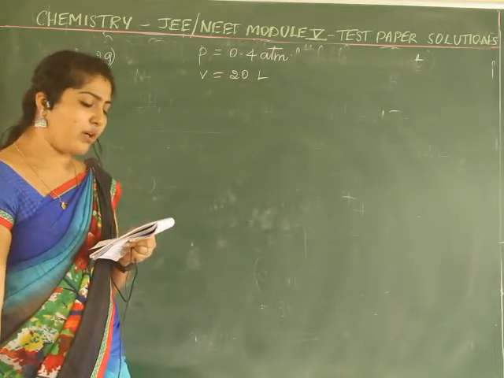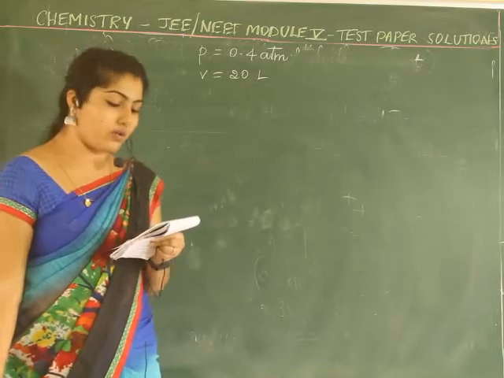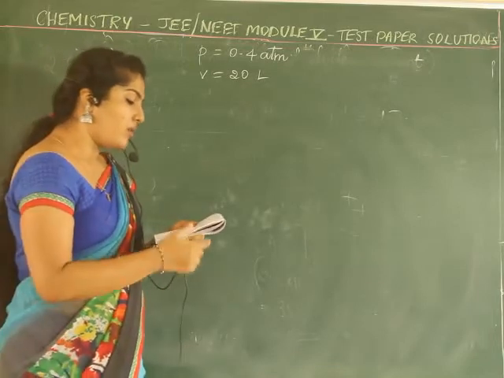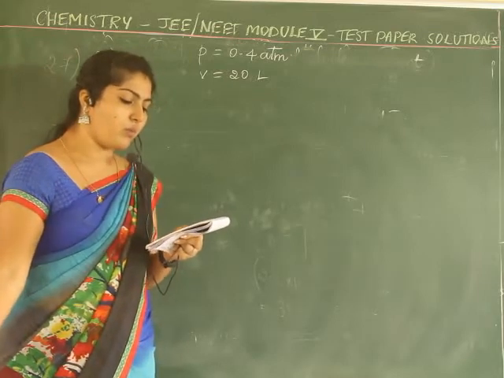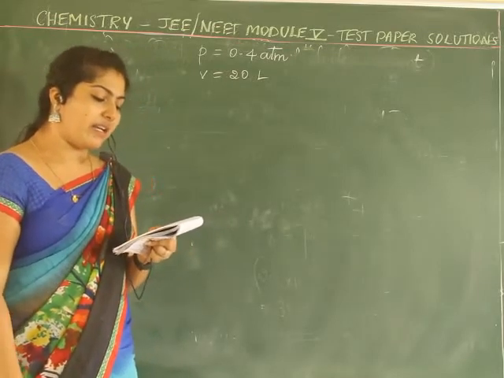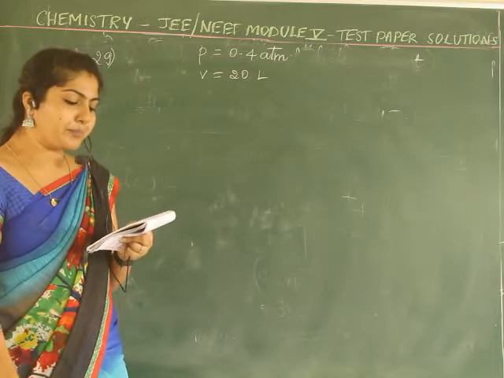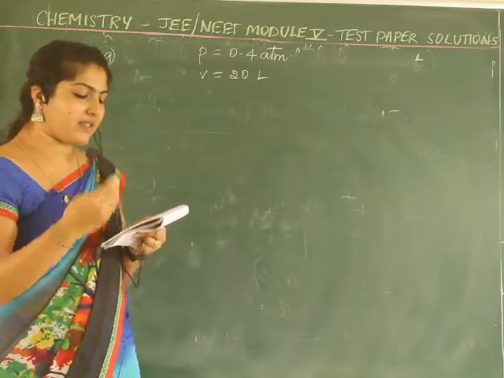They have told us to neglect the volume of the solid strontium oxide. The volume of the container is now decreased by moving the movable piston fitted in the container.